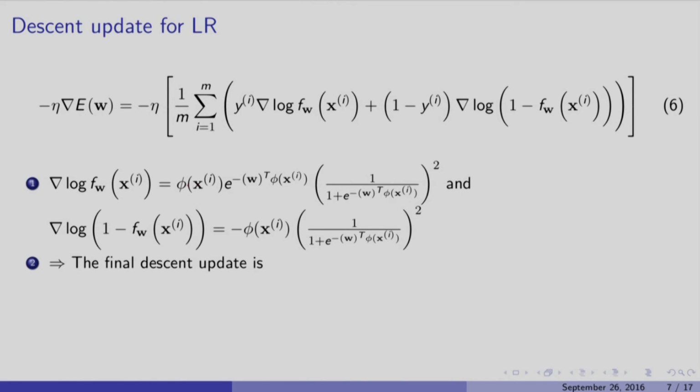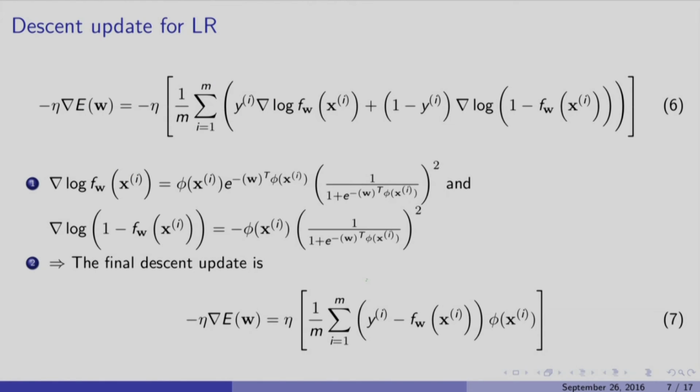So when you substitute for the gradient of log of f_w(x_i) here and the gradient of log of 1 minus f_w(x_i) here, the second term, we find that some of the terms involving the exponentiated factors get cancelled out.